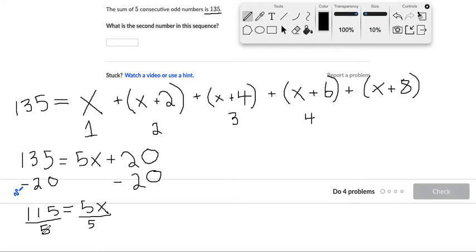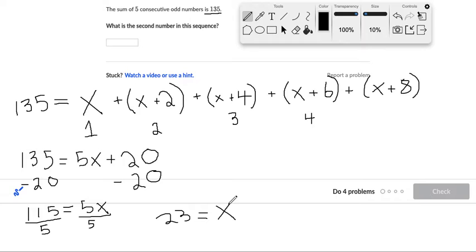And when I divide 115 by 5, I am going to get 23, and 5x divided by 5 is just going to be x. But here's where we have to be a little bit careful. 23 is equal to x.